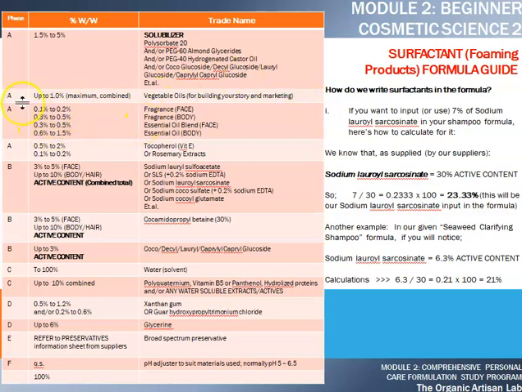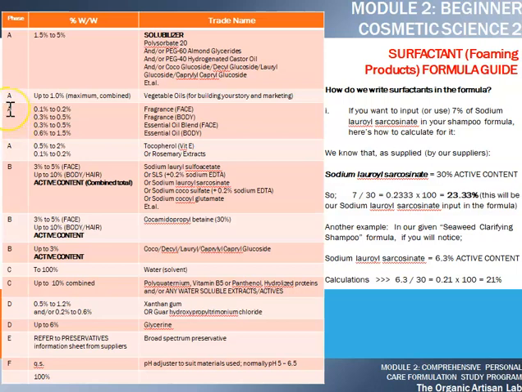Another phase A, just to show you that this formulary guide is not only for hair; it could also be used for the face, for your body, and so on. I'm giving you here the percentages that you will use whenever you build a formula.